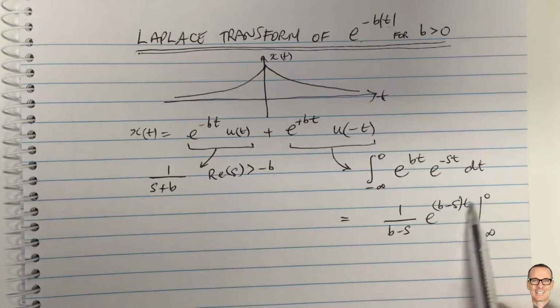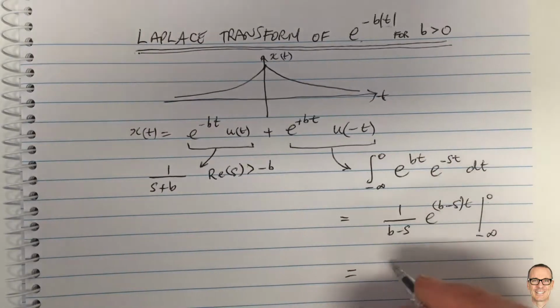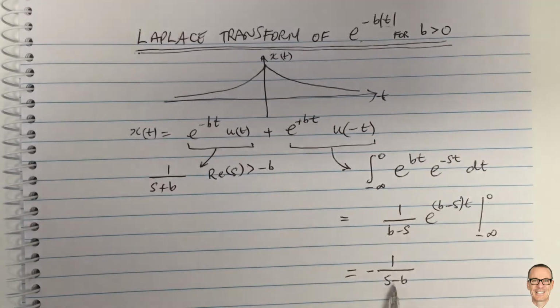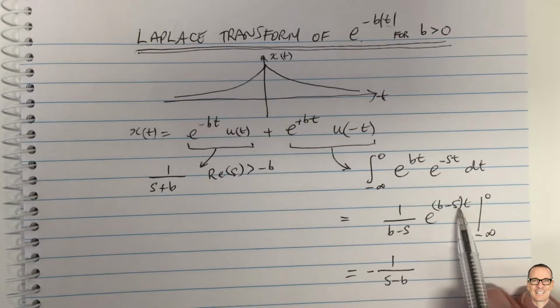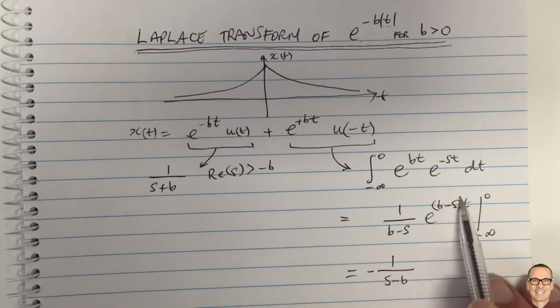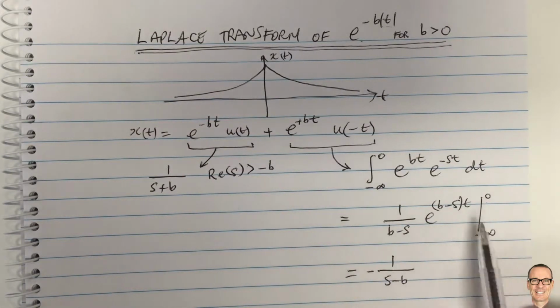And so when we put this term in here, e to the 0 is of course 1, so this gives us 1 divided by, and I'm just going to write s minus b instead because we commonly put the s on the left hand side, so this is the term from here. And then we can see this other term: for this to converge, when we put in negative infinity, we have to have only values where the real part of s is less than b, and that will ensure that everything in the exponential is negative.